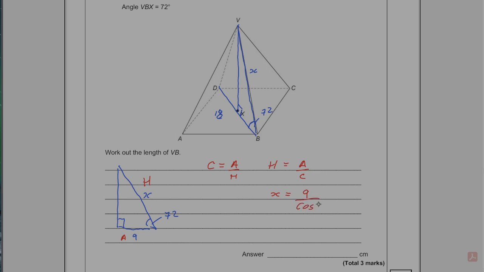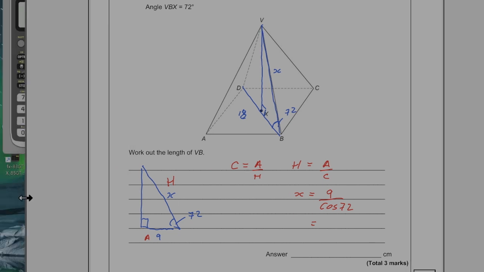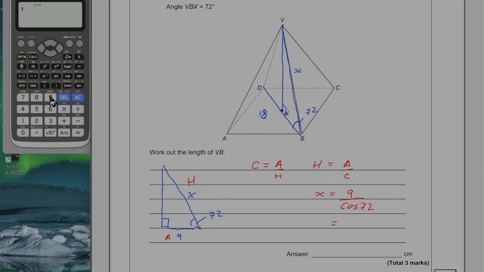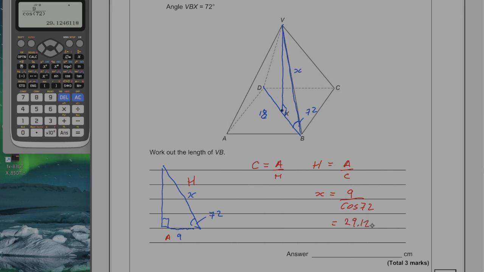Right, we'll get our calculator up then. So 9 over cos of 72. So we're looking at 29.1246 dot dot dot.